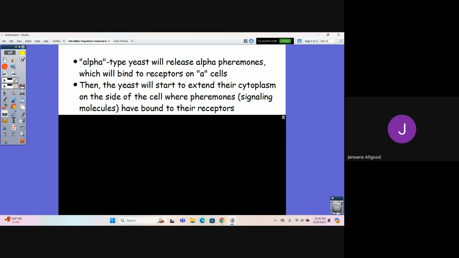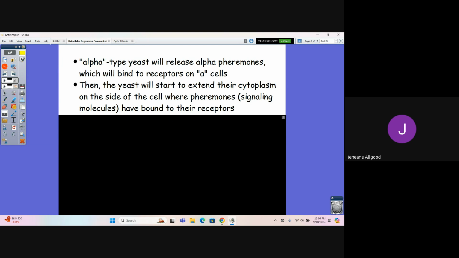And so once those pheromones bind to their receptors on the other type of cell, then the yeast will start to extend their cytoplasm on the side of the cell, which I know is weird if it's a circle, but you know what I mean. On the side of the cell where the pheromones have bound to their receptors.